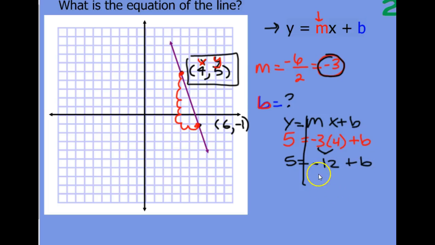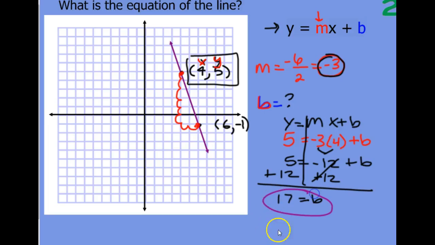And we want to get b all by itself, so I'm going to add 12 to the other side. 5 plus 12 is 17. So my equation would be y equals m, which is -3x, plus b, which is 17. Which makes sense. This goes till about 10. If this graph were to continue, we'd cross the y-axis at about 17.